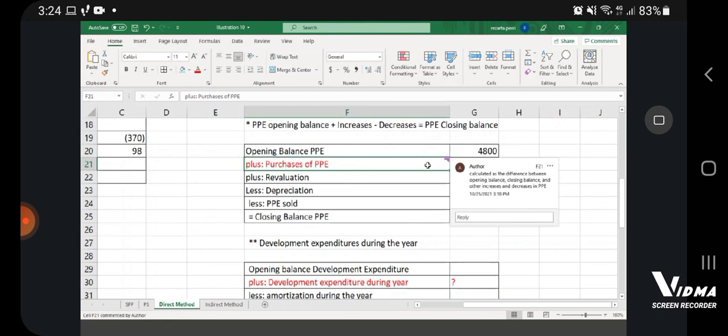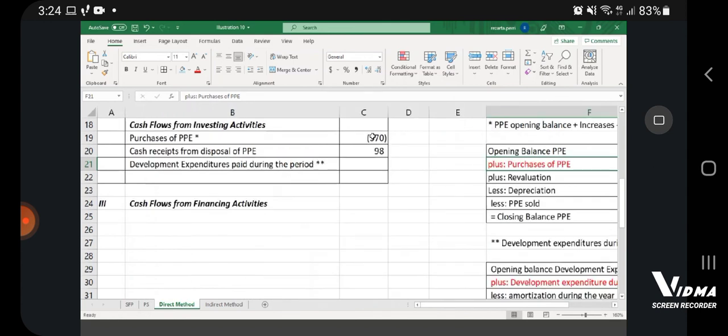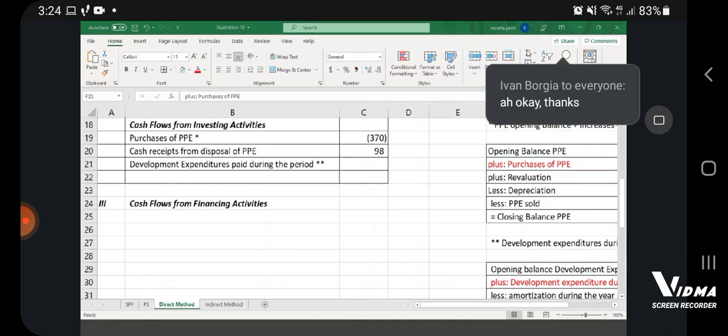So I have to consider that with a plus, but when I insert that amount in cash flow statement, I should put that with a minus. And that's why I use the formula in a certain way to give us the value in minus. Is that clear now for Ivan and for the others?